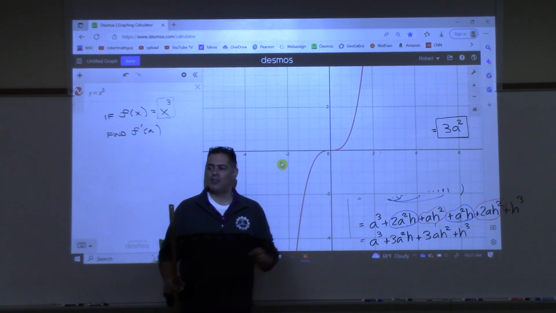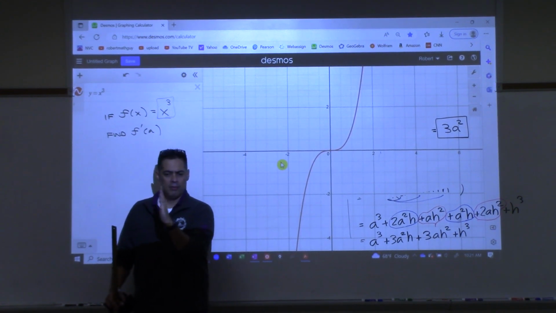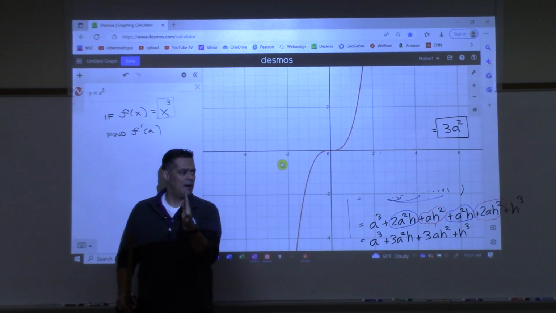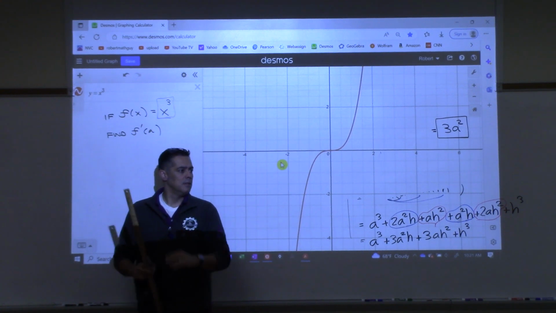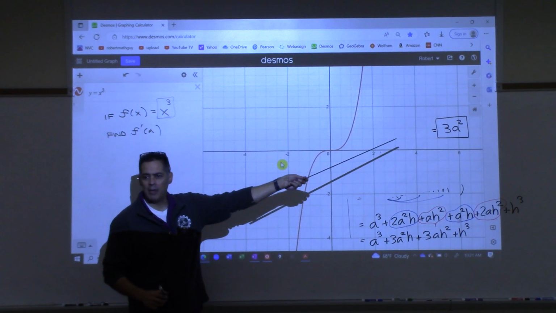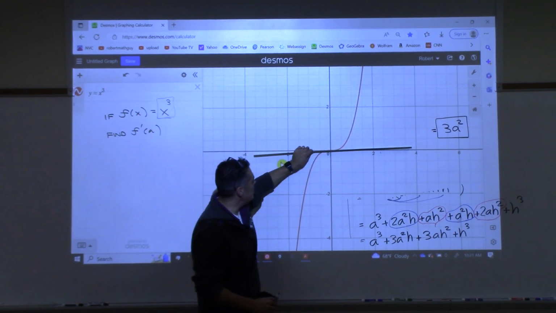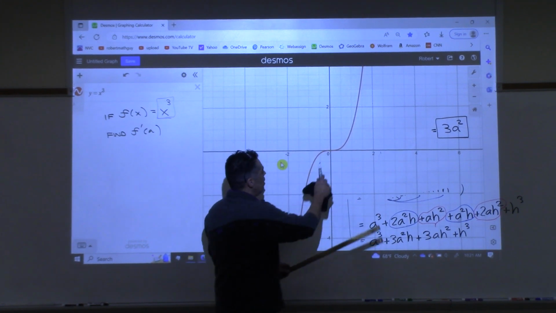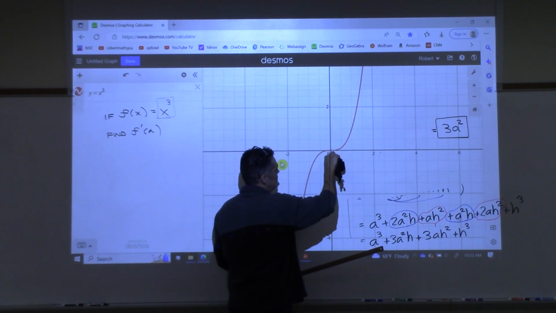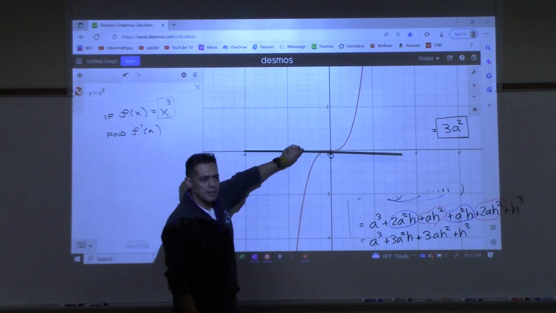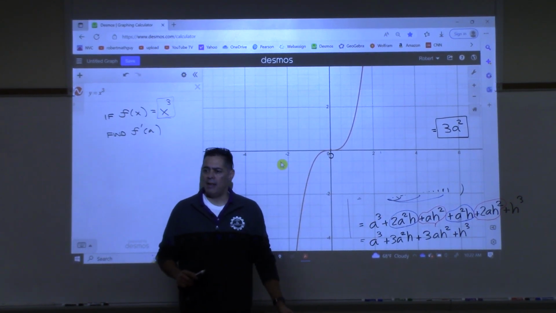What's the slope of the tangent line when I go to the x value of 0? What's the slope of the tangent line there? 0. How are you getting that? It's horizontal. Are you getting that from the picture, or are you getting that from the formula? Well, both, right? You can see here the slope of the tangent line would be flat, which would be 0. So if you plug 0 into that formula, you get 0. That matches.